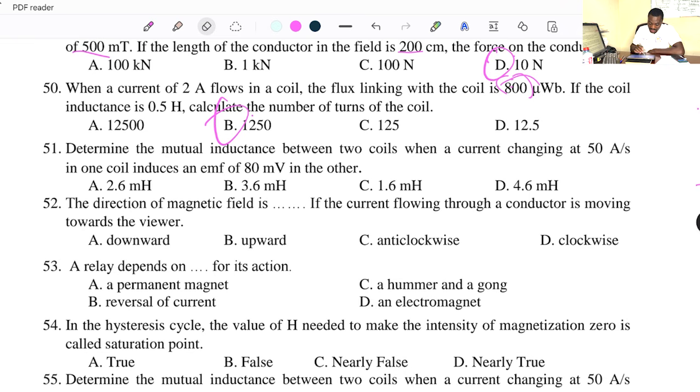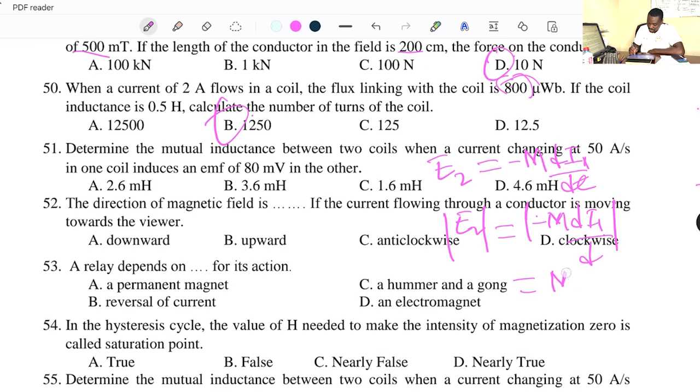So we assume that it represents the magnitude.